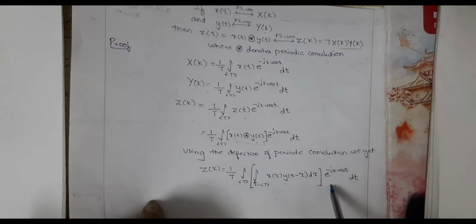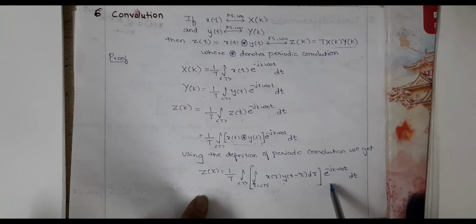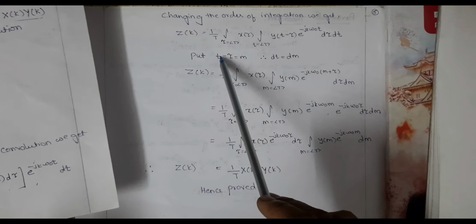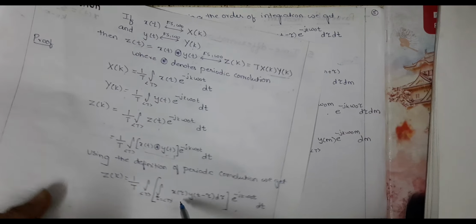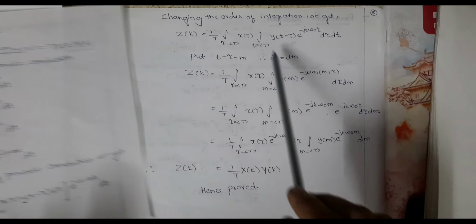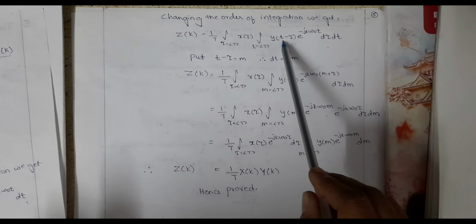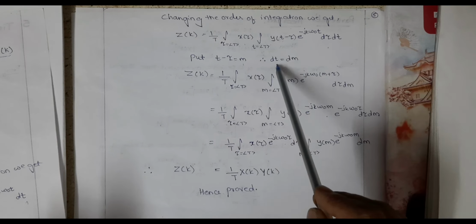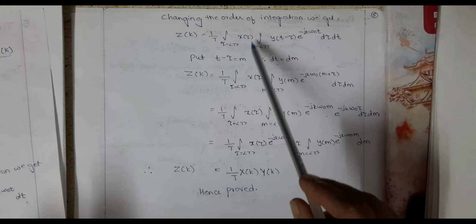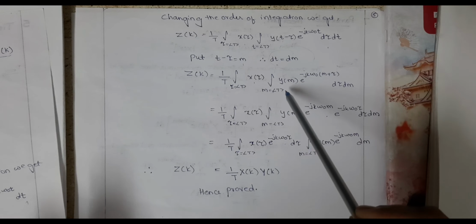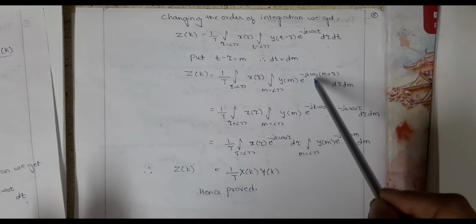Here convolution. Now separating these terms, changing the order of integration and differentiation, this x of tau we will take here, and y of t d tau, these terms we are taking, this d tau and also dt. Now writing t minus tau as m, differentiating this one, x of tau y of m e raised to minus j k omega naught m.